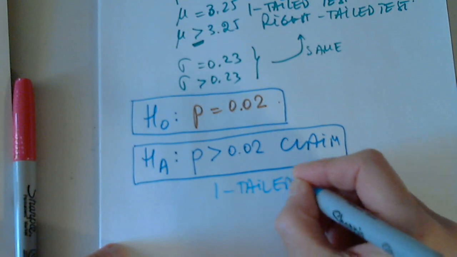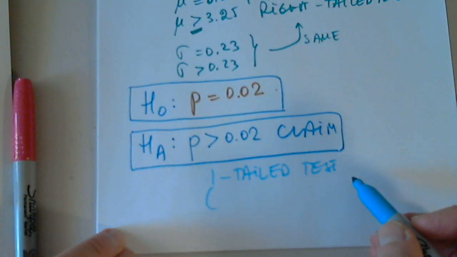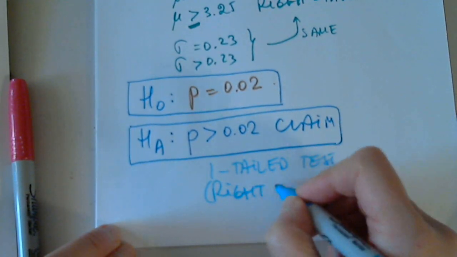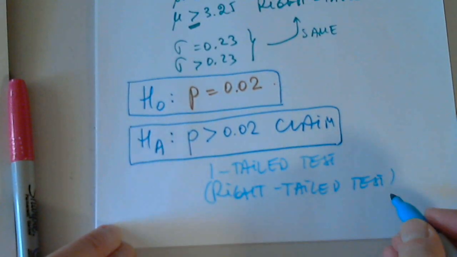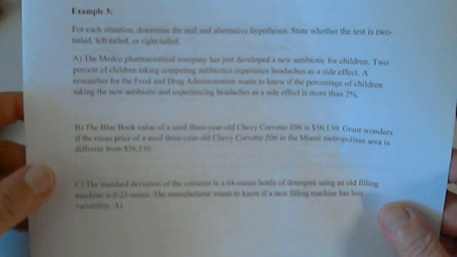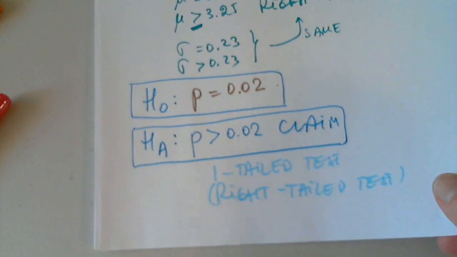You don't have to say one-tailed test; I was asking, but it's a right-tailed test. This is good enough, and it's obviously clear that this must be a one-tailed test. If it's left or right, it must be a one-tailed test. Very good. Moving on to the second problem. Any questions on this? Anyone? Very good.